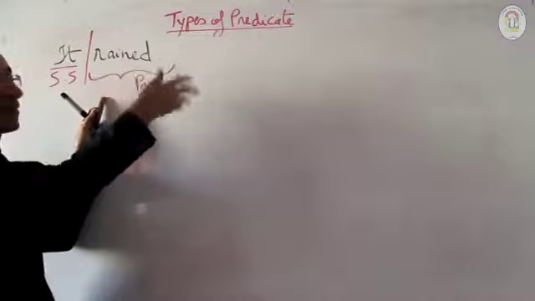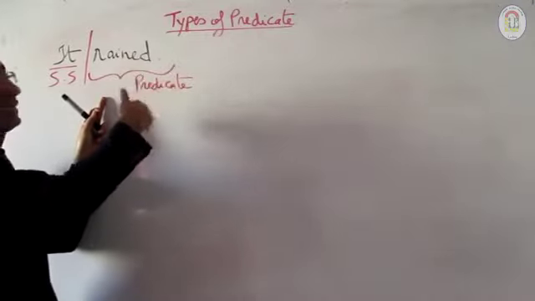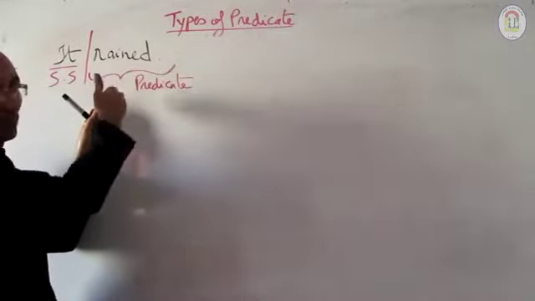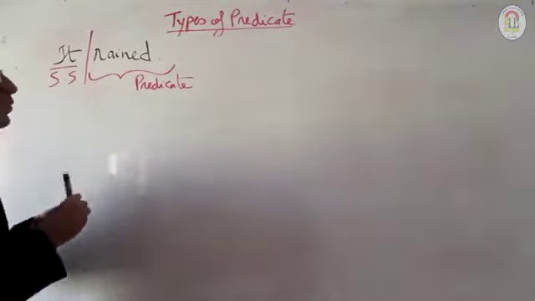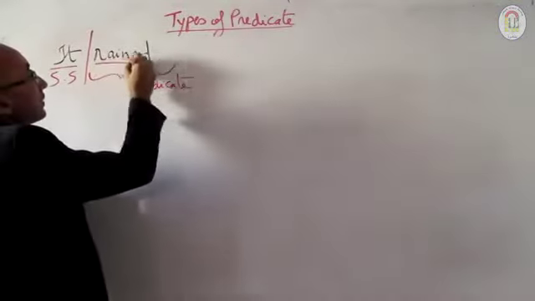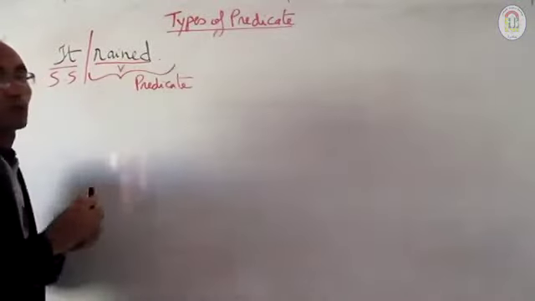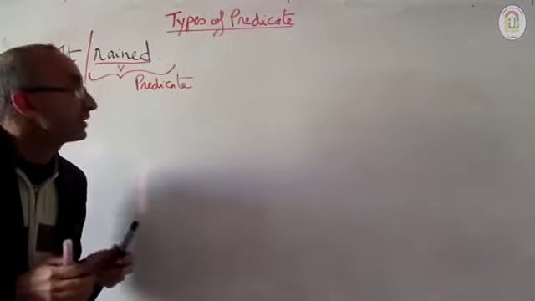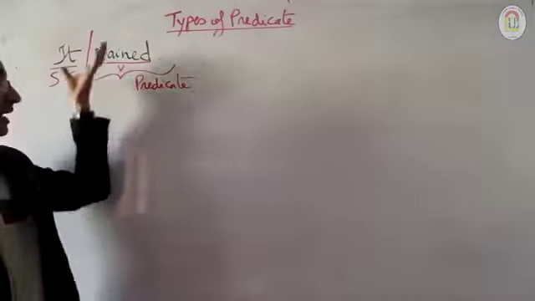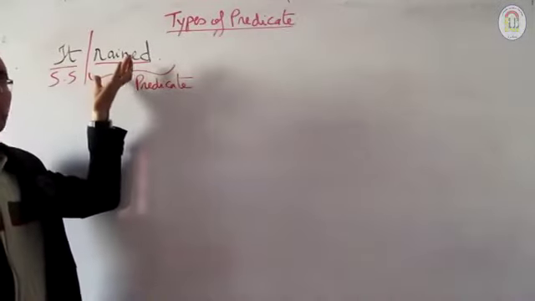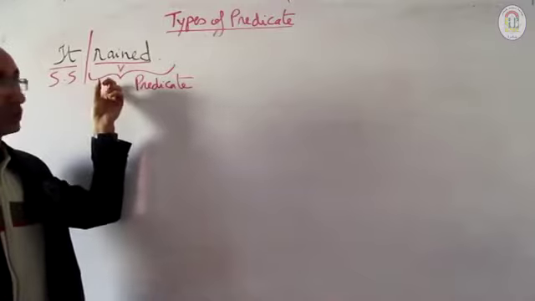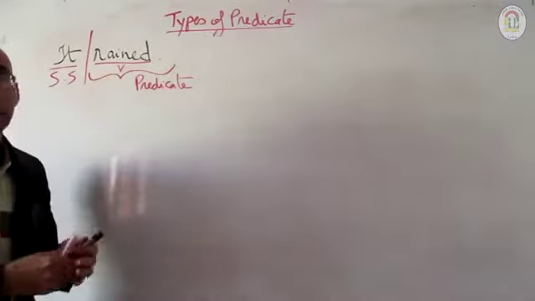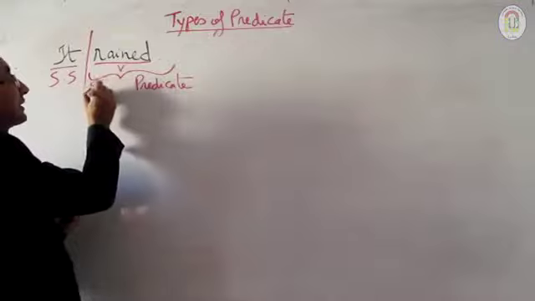It means the verb plus the other modifiers or the other elements which relate to this verb. Now, here I have only the verb rained. It's one single verb. So in this case, when I have only one single verb in my predicate, the first type of predicates is called simple predicate.